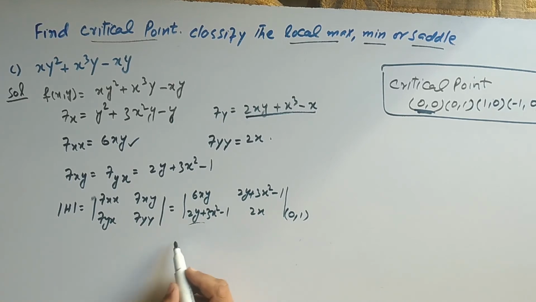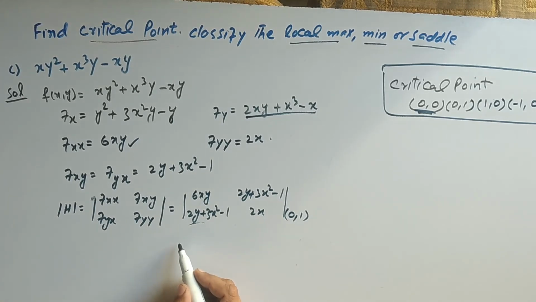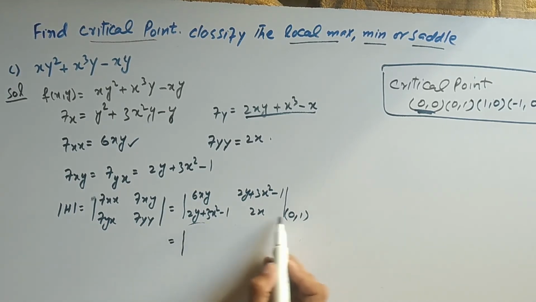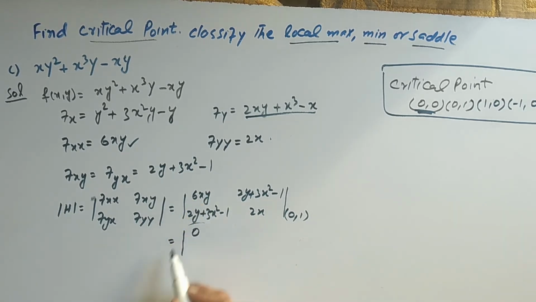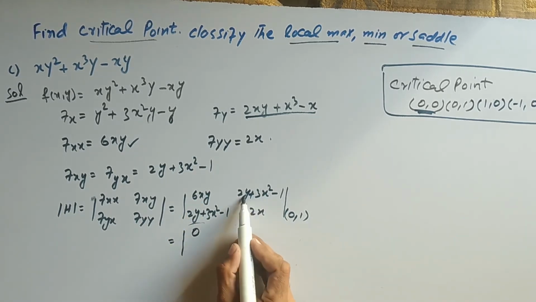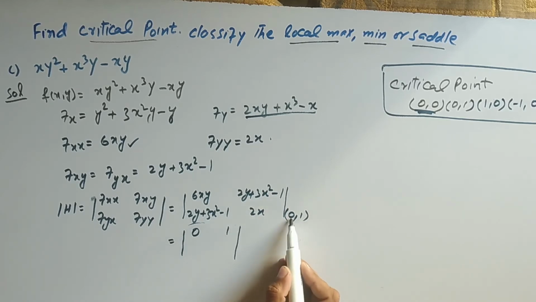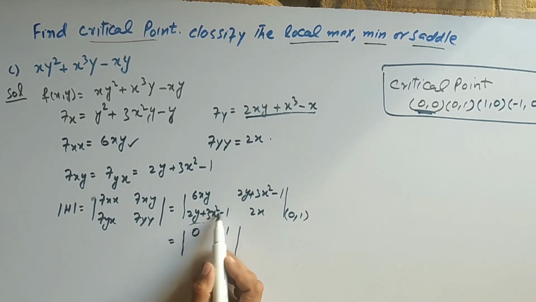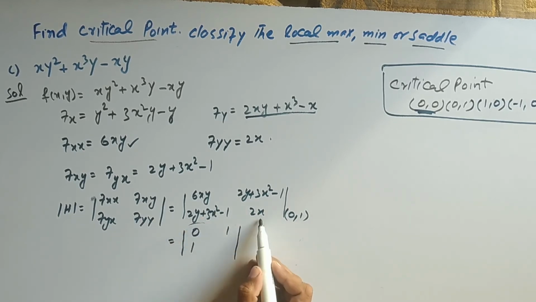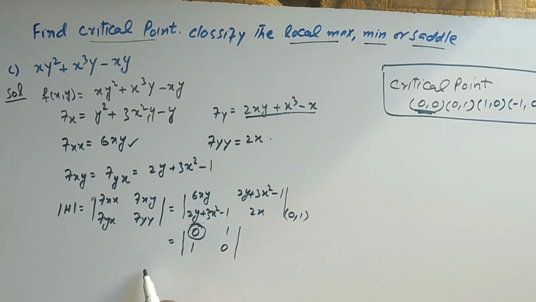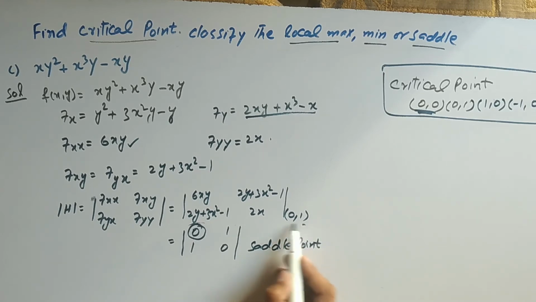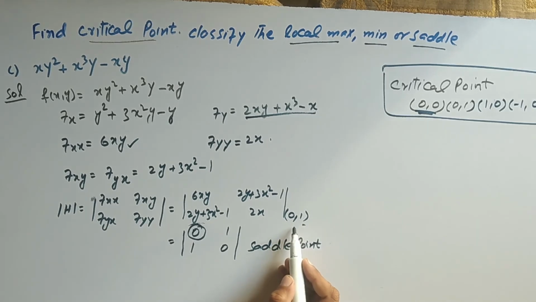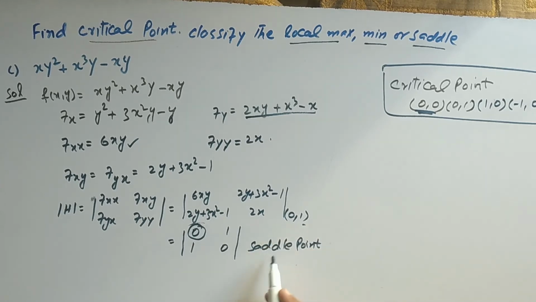Now again, when you put the value 0 1, 0 times 0 is 0, and y is 1, so this will be a 1, and 2 minus 1 is 1, and here 0, so again this will be a 0, so again it will be a saddle point at 0 1. The critical point at 0 0 is a saddle point. Now at 0 1 also a saddle point.